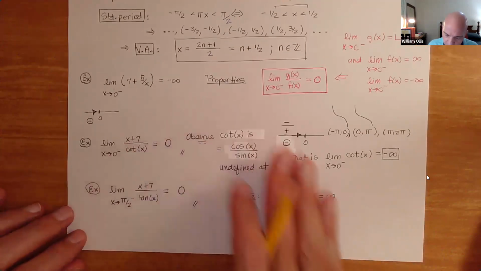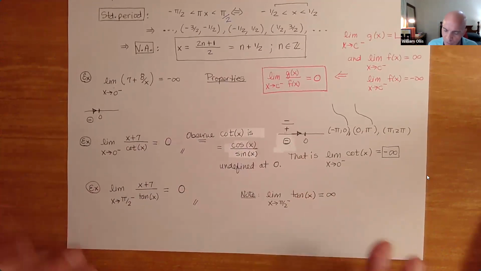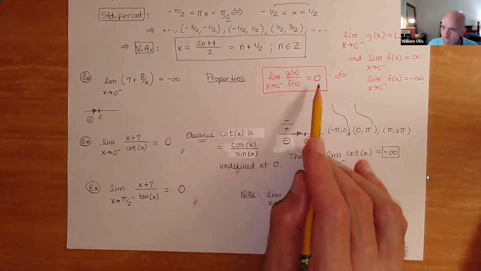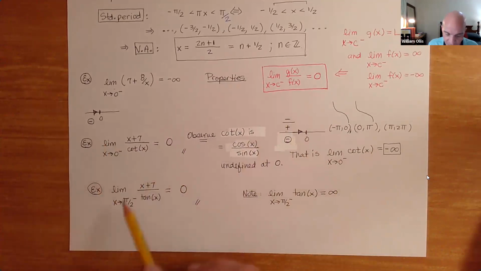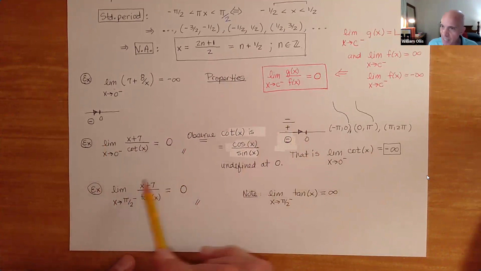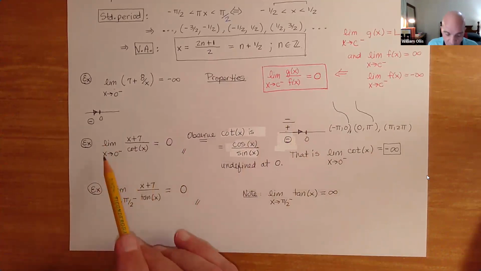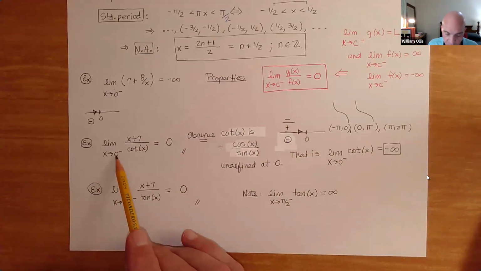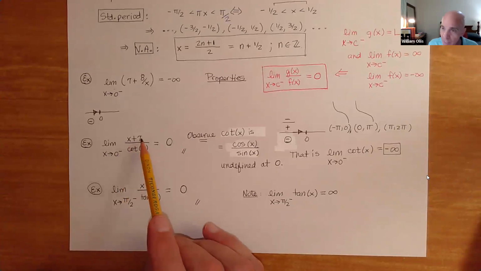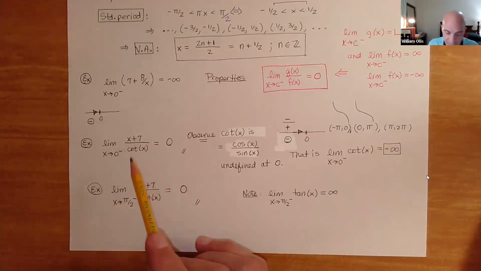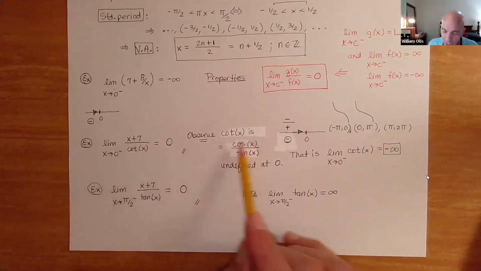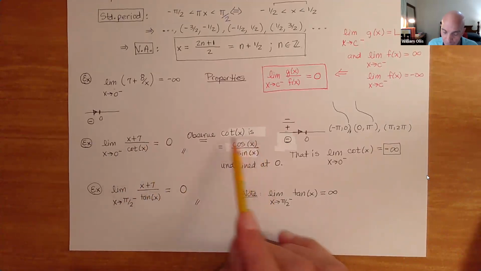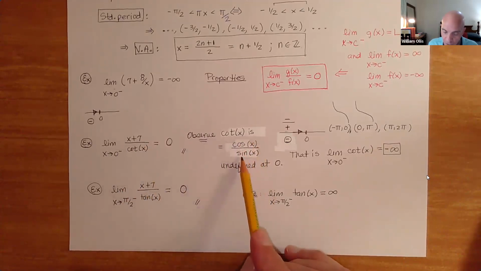So I've got a couple of examples here that I wanted to phrase in terms of this particular property. Notice in both of these, I just changed up the approach number here just so we could see something of similarity. So notice we have the limit as x approaches 0 from the left of x plus 7. We can think of that as the g, and then cotangent x as, in this case, the f. Now notice here, this is interesting. Cotangent is just cosine over sine.